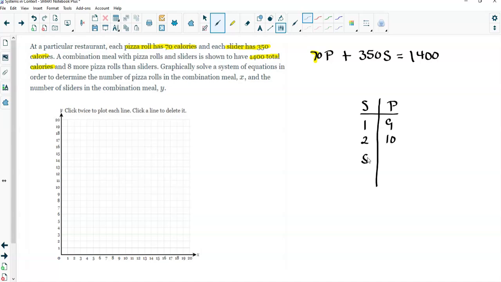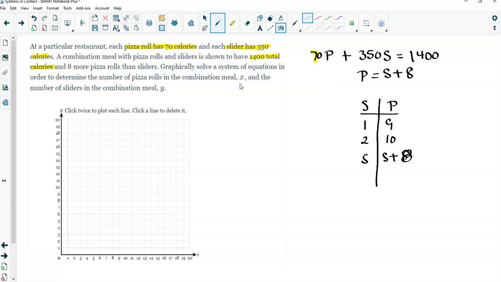Whatever the sliders are, plus 8 would be the pizza rolls. So 1 plus 8 is 9, 2 plus 8 is 10, S plus 8 is whatever the pizza rolls. Okay, so pizza rolls will be S plus 8. So here are my 2 equations.